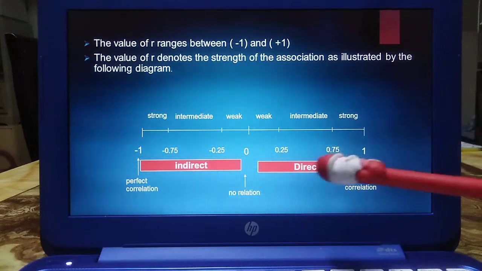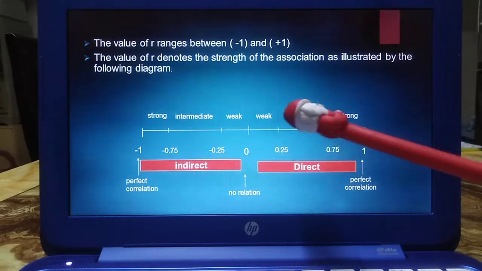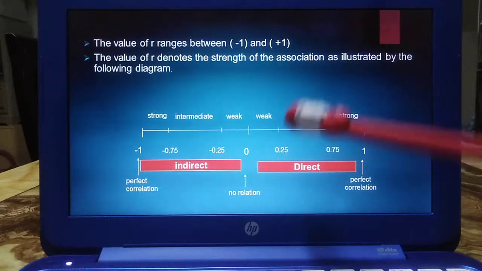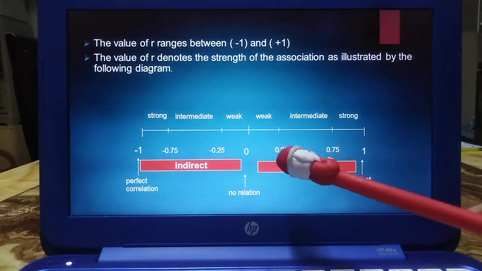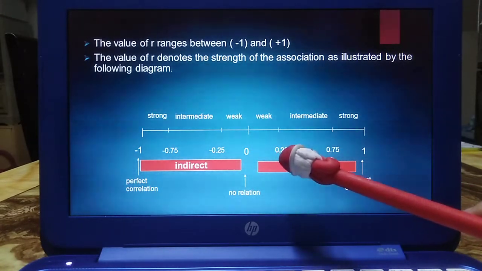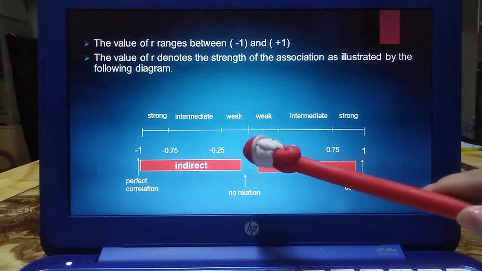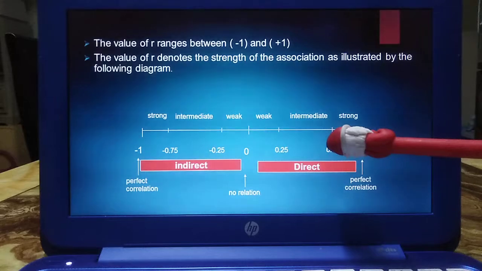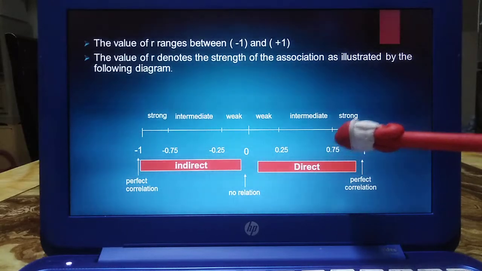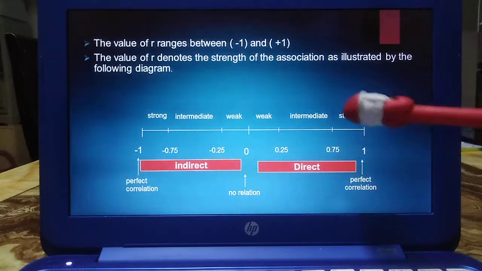And then the value will tell us the strength of the relationship. If it is near 0, it's a weak positive. From 0 to positive 0.25 is a weak positive relationship, while up to positive 0.75 is a strong direct relationship.